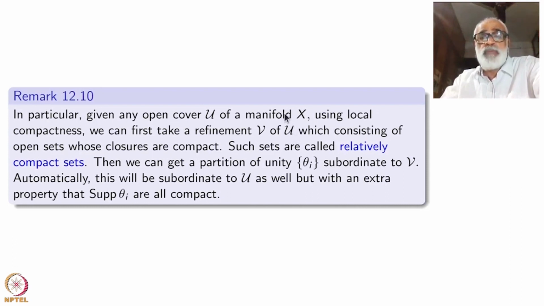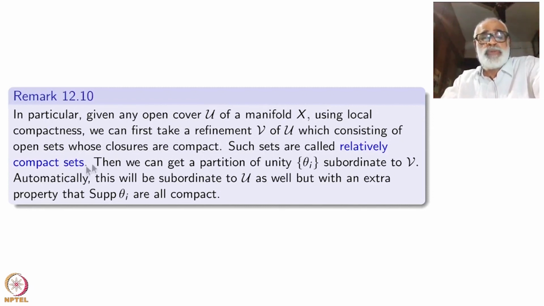I want to see something more here in the case of manifolds. So what is that? Start with a manifold and an open cover. Take a refinement V which consists of open sets whose closures are compact. So here I am using local compactness. Such sets are called relatively compact.